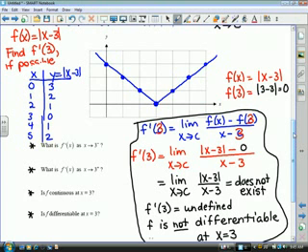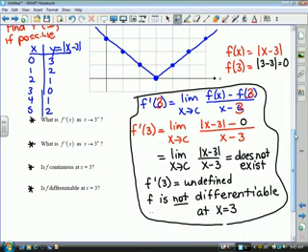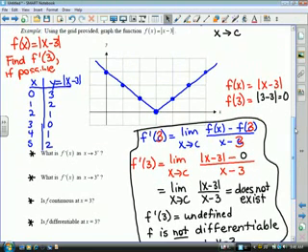All right, so first, let's make sure we understand the difference between continuity and limits, and differentiability. We've got to get that straight right here. So first of all, what is the limit as x approaches 3 of absolute value of x minus 3?